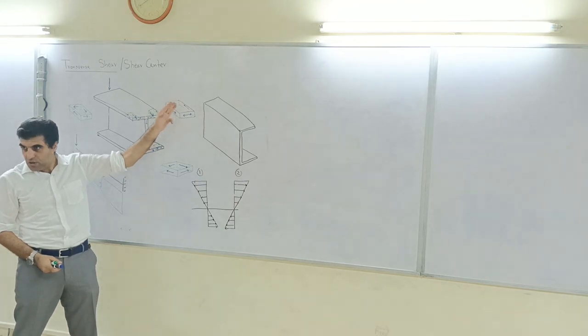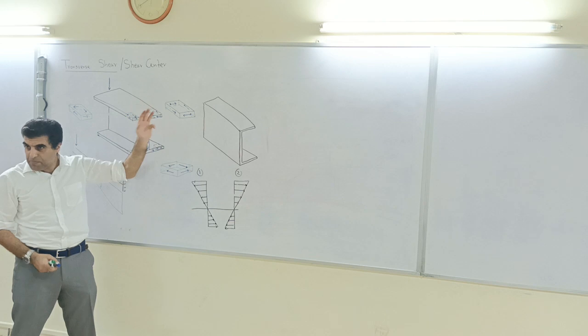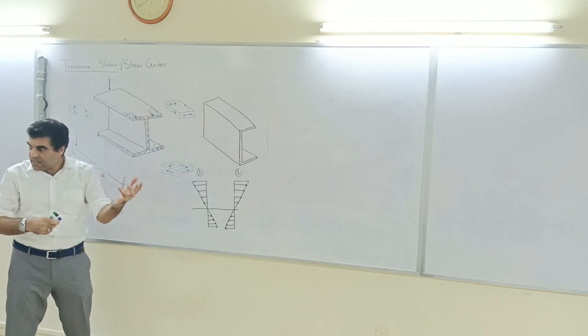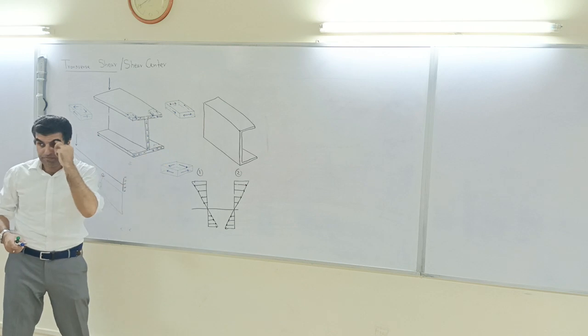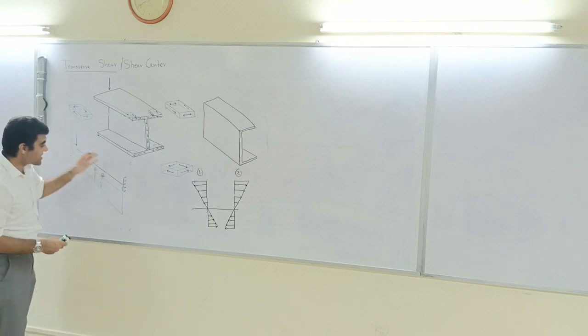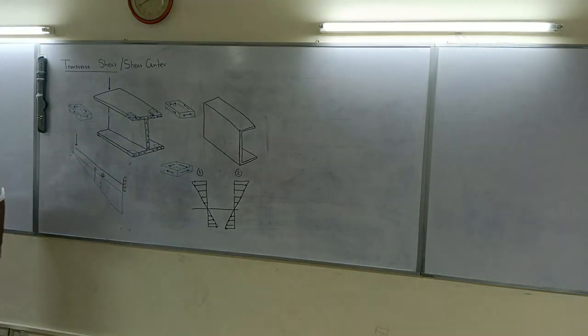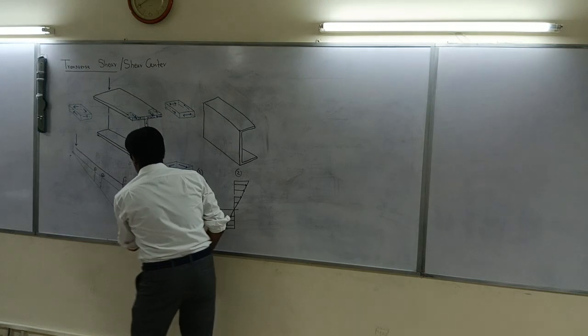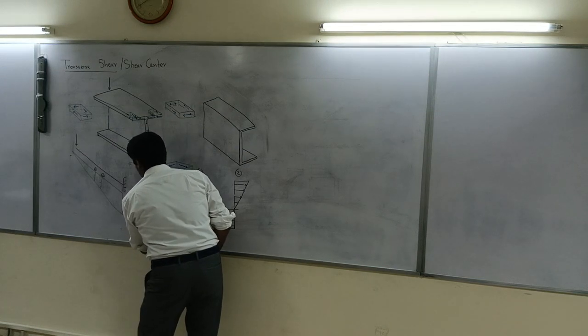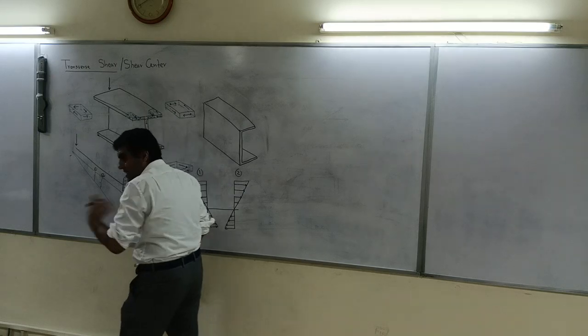Then the third step is you equilibrate that, and you find out your flow on the cross section. So that's how you determine the shear flow in the region. Now, as we said, tau is equal to VQ by IP or IT.